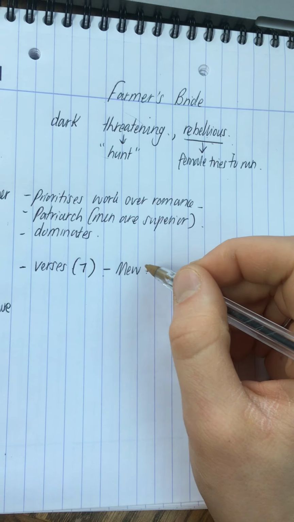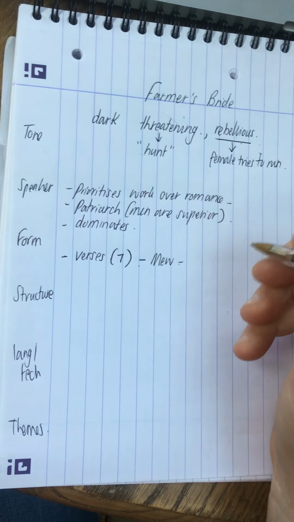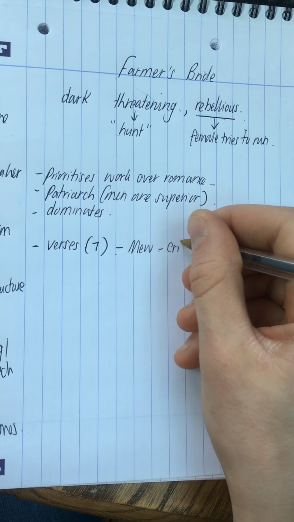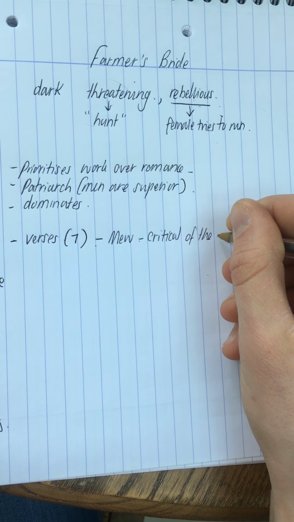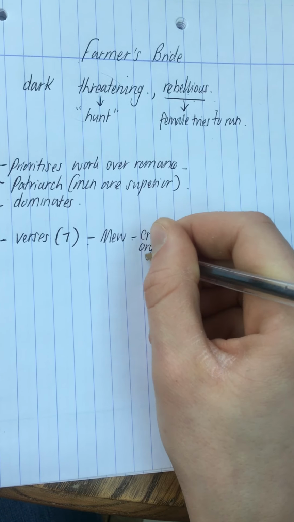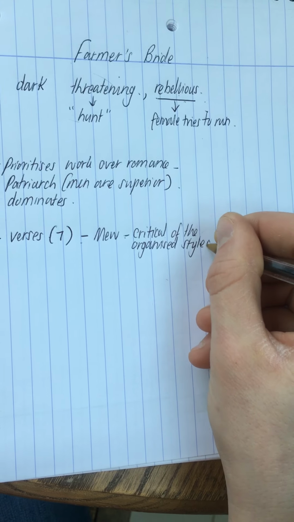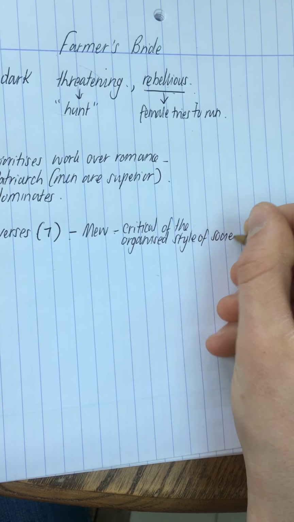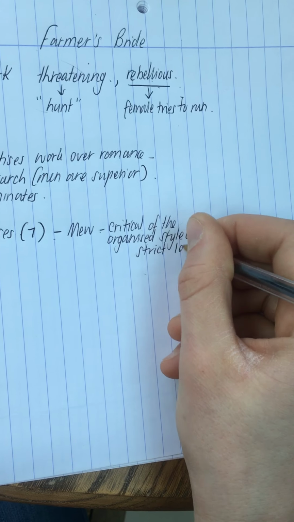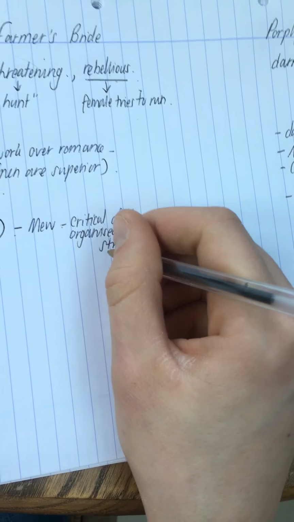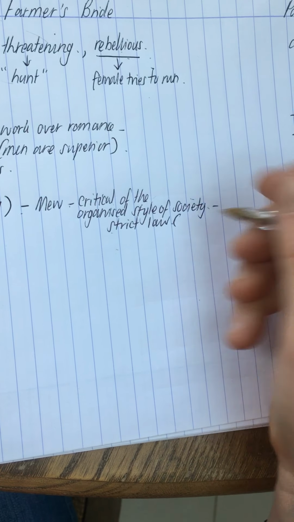Through these structured verses where she's bothered to actually place them into a poem, it could suggest how she's being critical of the organised style of society, the strict law. You might ask, well, what strict law was Mew so bothered about? She was mainly bothered about the inequality.